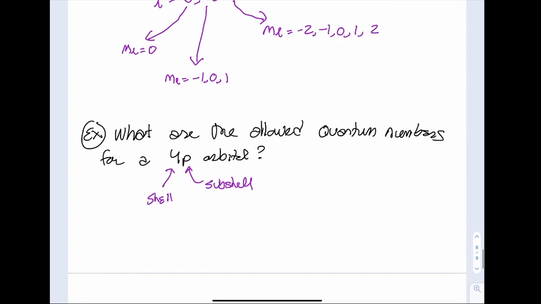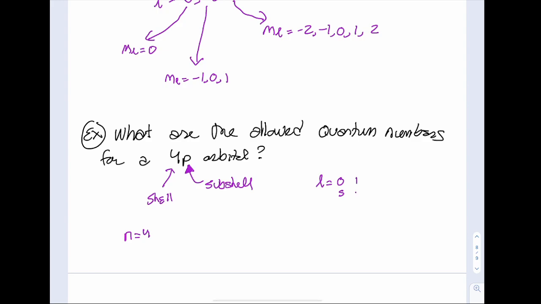So if I'm saying 4p, n is going to be equal to 4 because my shell is 4, right? And then my subshell now is not 0, 1, 2, and 3, right? It could be, but it's not, because I'm stating very specifically in this problem that my subshell is p. And remember, if L is equal to 0, it's s.